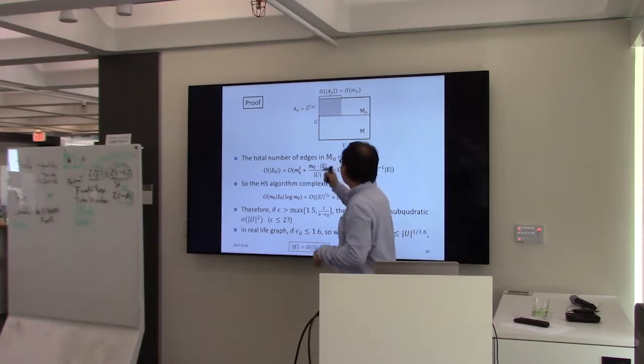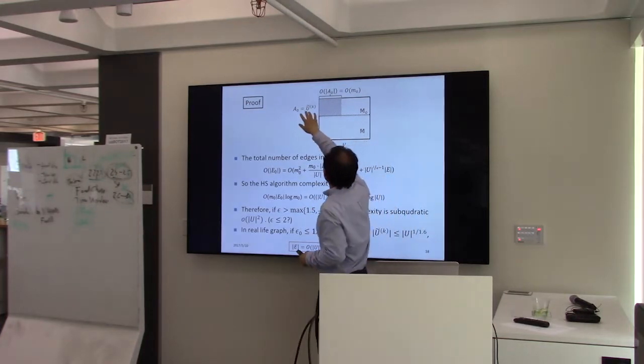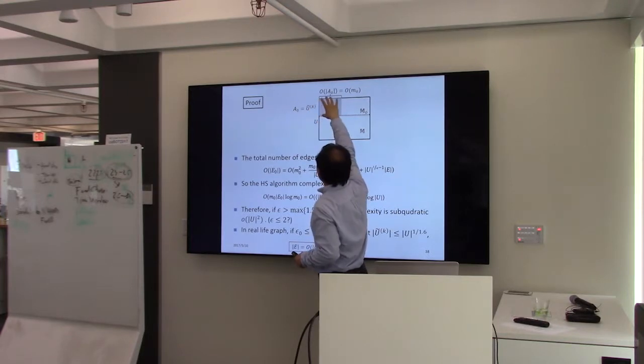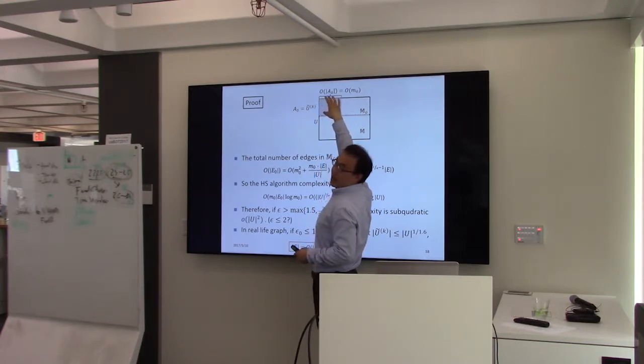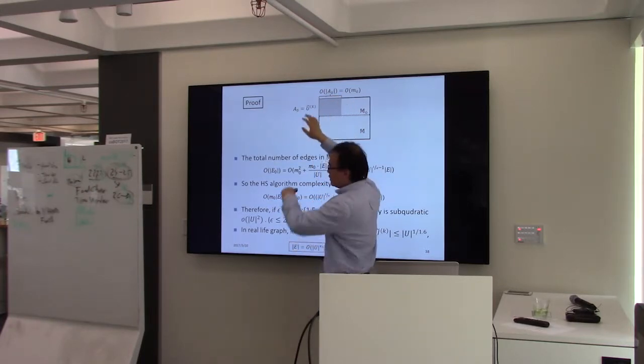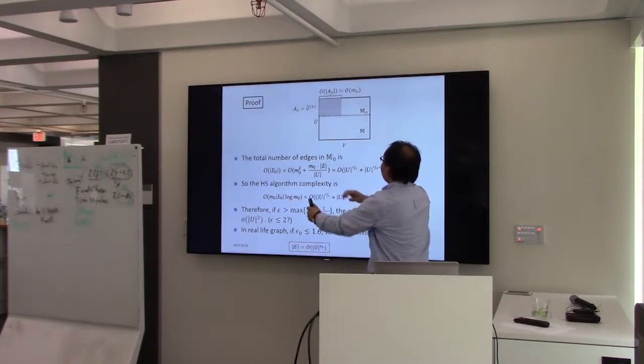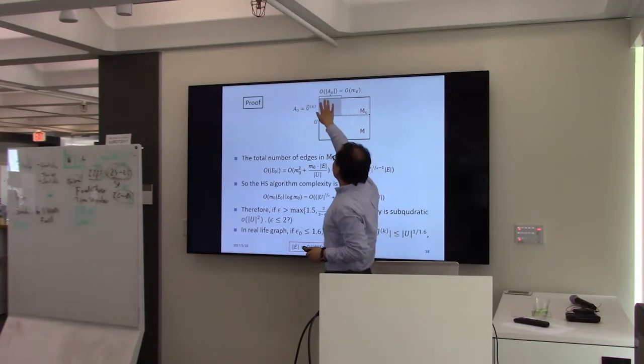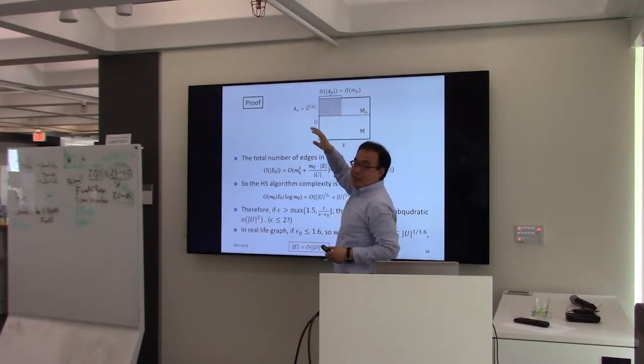To estimate the total number of edges, we assume the high-density area is in that group A0. We assume A0 has a similar number of nodes as the processors, so we treat this area as a fully connected area.